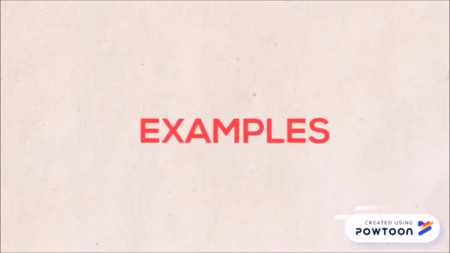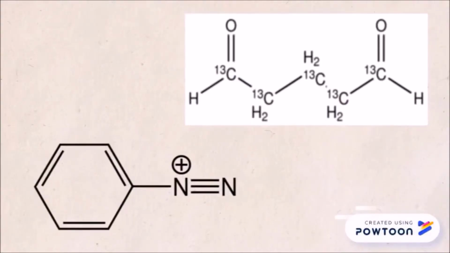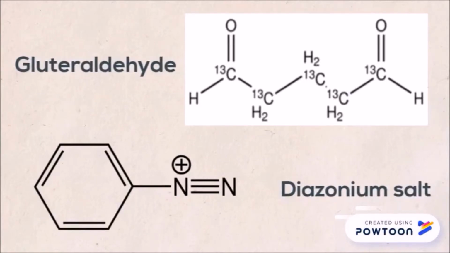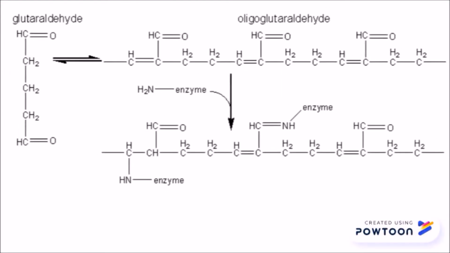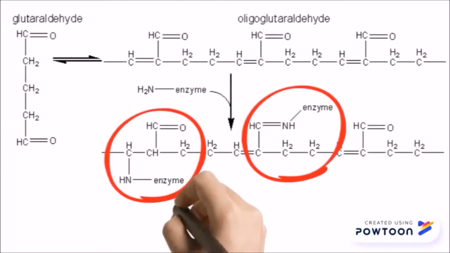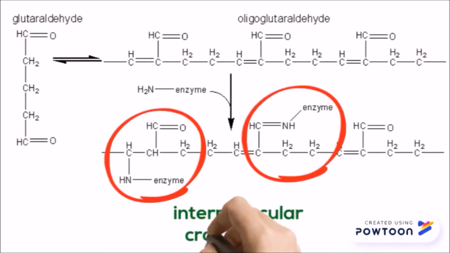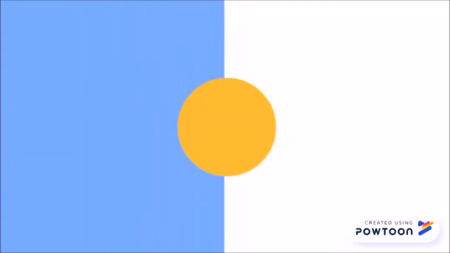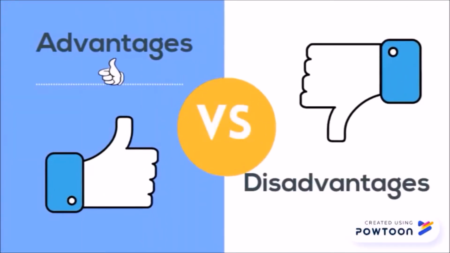There are two examples of commonly used bifunctional agents in cross-linking immobilization: glutaraldehyde and diazonium salt. Cross-linking immobilization is achieved by intermolecular cross-linking of the protein, either to other protein molecules or to functional groups on an insoluble support matrix.